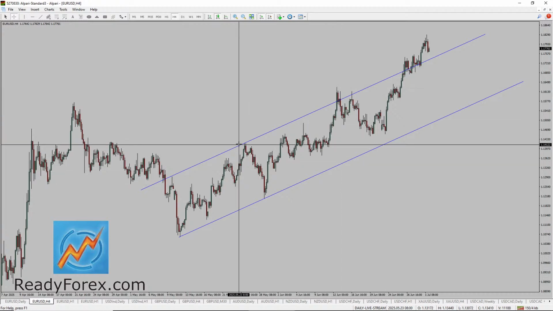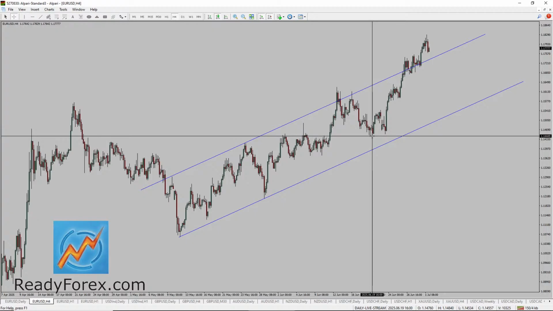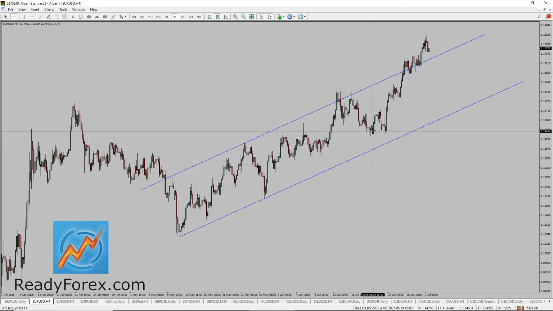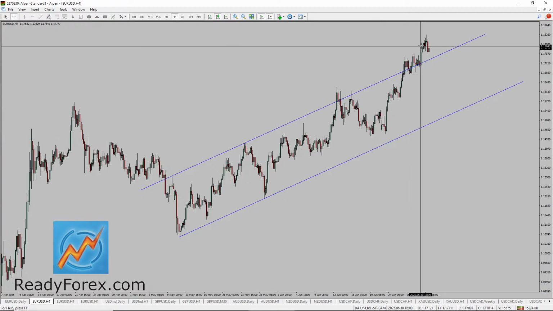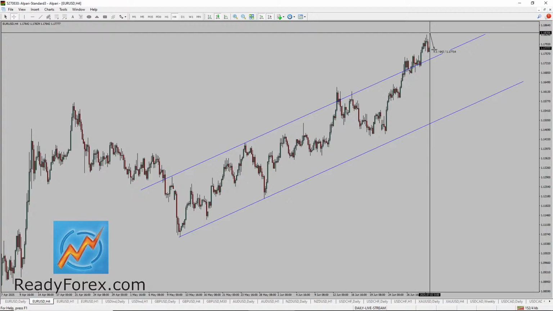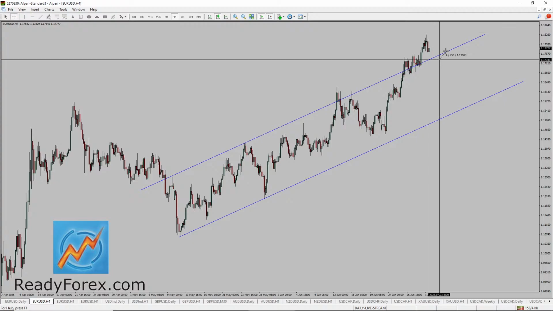So this is a completed 1, 2, 3, 4, and then within this we got 1, 2, wave 3 over here. Expect a pullback, and then market is probably going to rise up more to print bullish leg over here. Okay, so this is the expectation that I have inside euro dollar currency pair.